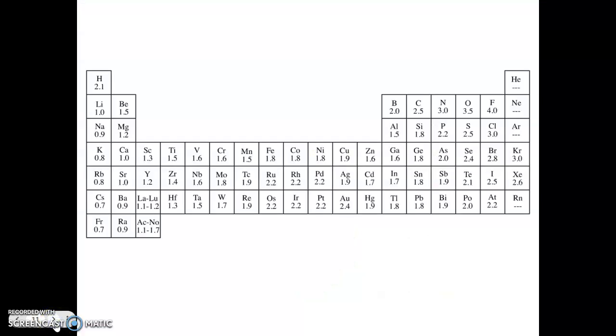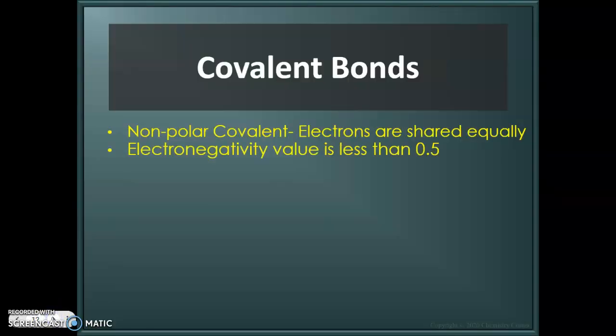To do that, you find the electronegativity value of chlorine and subtract the electronegativity value of chlorine from chlorine, because chlorine is the only element in that molecule, which means the only value we need is chlorine's electronegativity, which is 3.